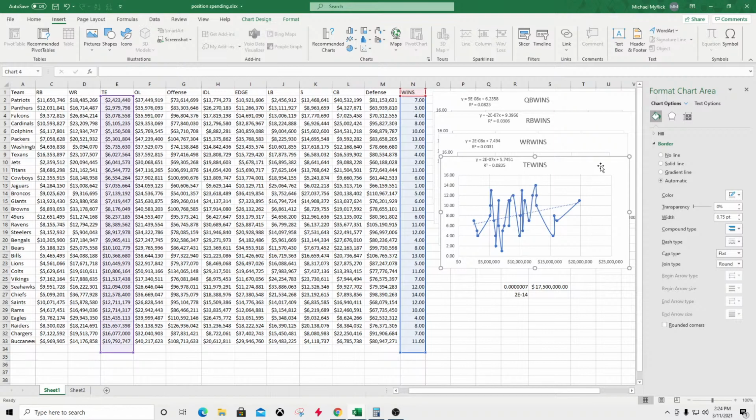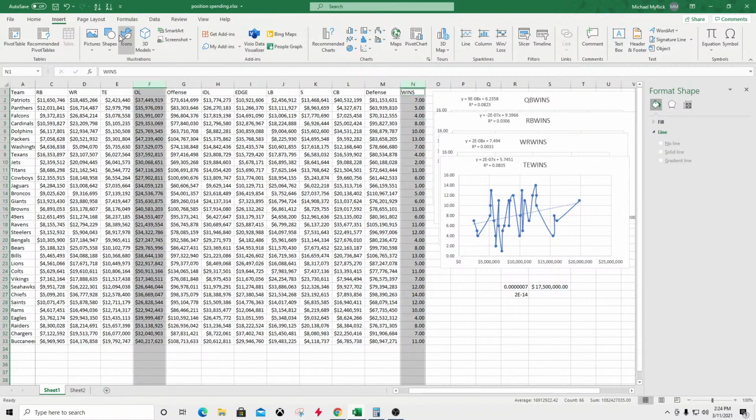If you neglect your tight end position, the team ends up with lower wins. Aha! This should be interesting.